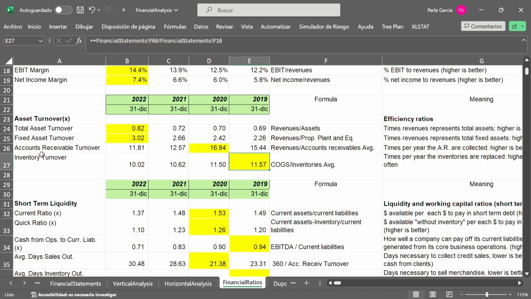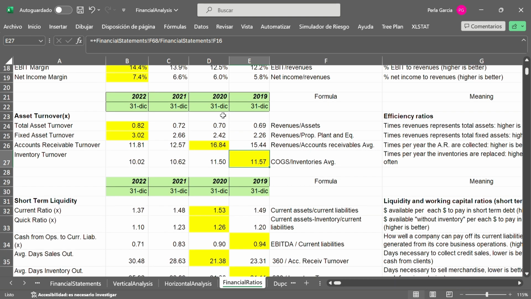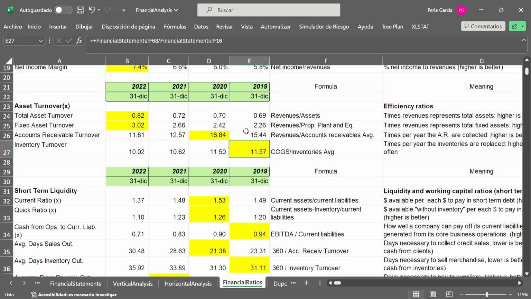The accounts receivable ratio is the times per year that accounts receivable are collected. Here the highest is 16.84 times per year in 2020.